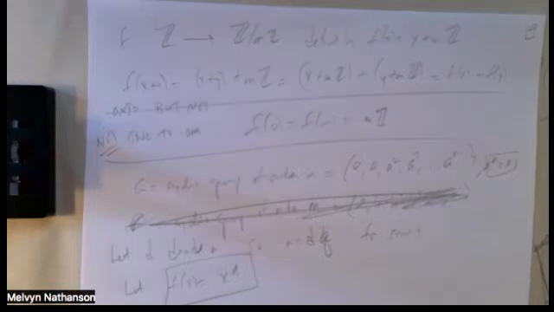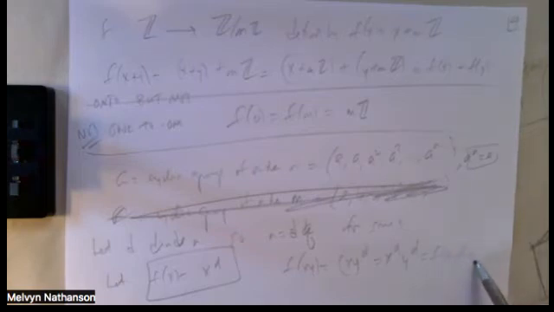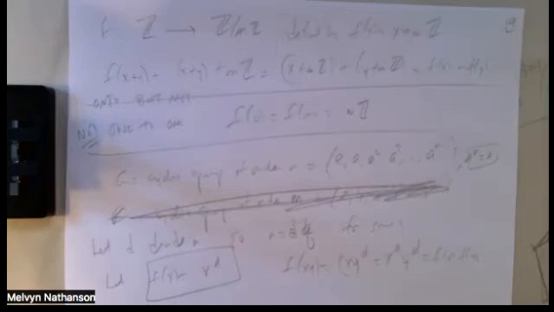So you take any element x in this group and you raise it to the dth power. So f of xy is xy to the d, which is x to the d y to the d. It's an abelian group. This is f of x times f of y. So raising something to the dth power, that's a homomorphism.